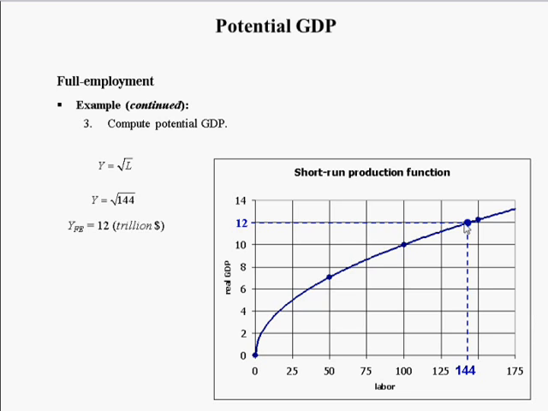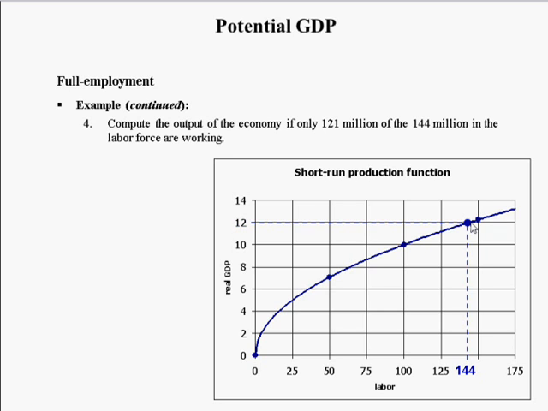Now, if 144 million people are working full time, then we're going to be on the production possibility frontier. And the economy will produce $12 trillion worth of output. So that point would be on the production possibility frontier.